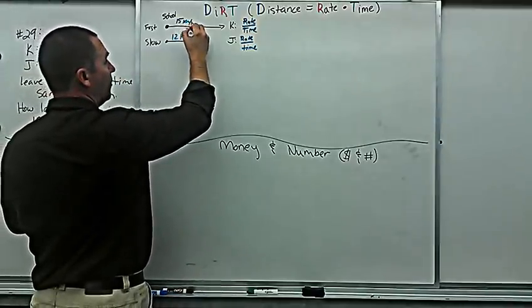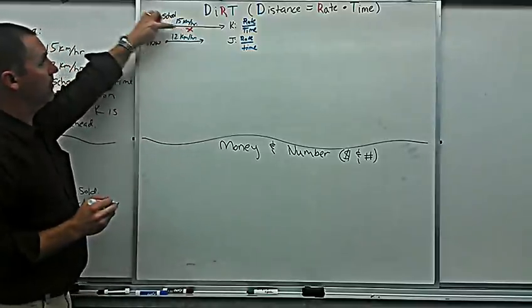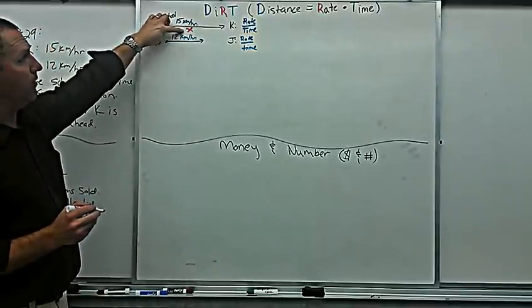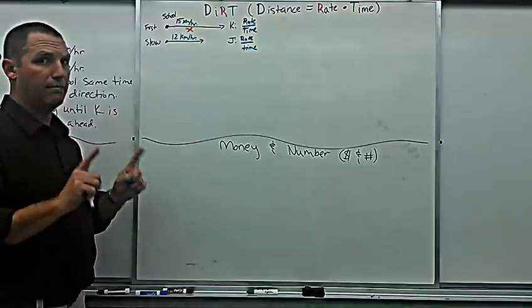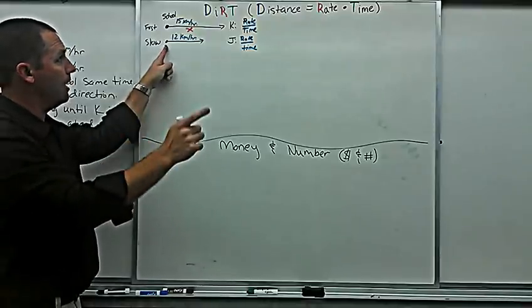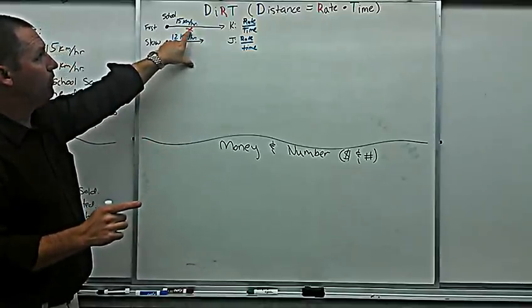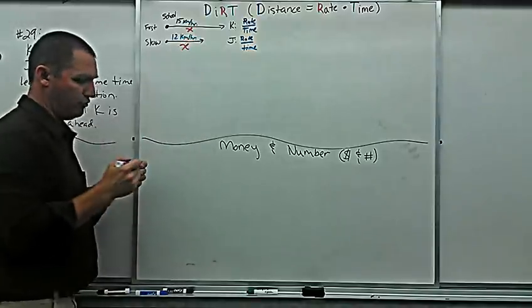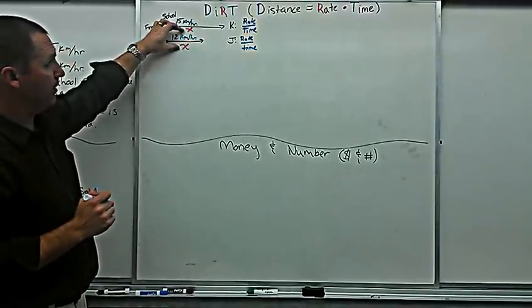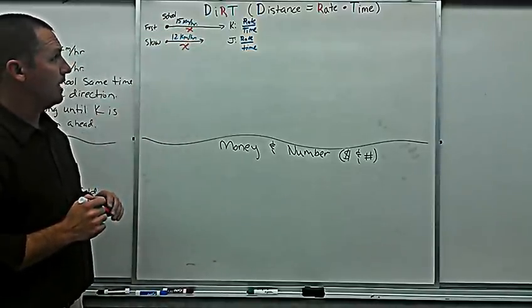I don't know how long the fast person is traveling. But what I know is they start and stop at the exact same time. So if they start and stop at the same time, whatever this time is, this time also must be the same. So the two times have got to be the same.